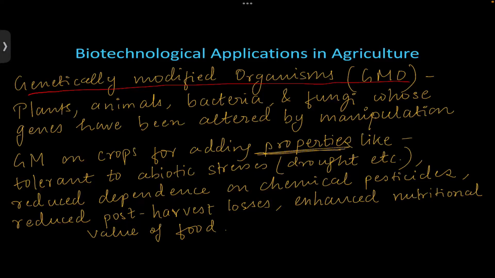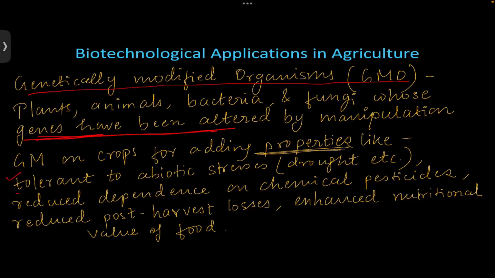So we are altering the genes, hence the name genetic modification. Now in crops, people use genetic modification or genetic engineering to improve properties or add properties, like making them tolerant to abiotic stresses like drought, famine, and more salt content in the soil.